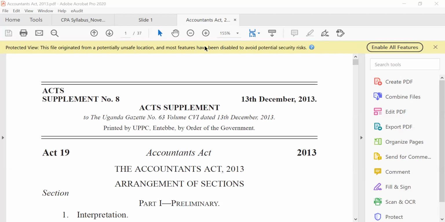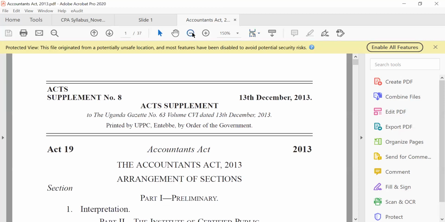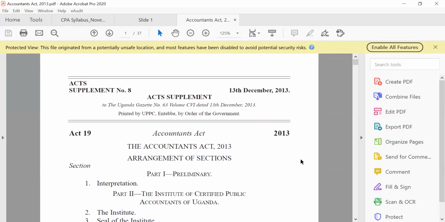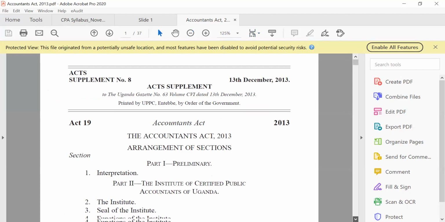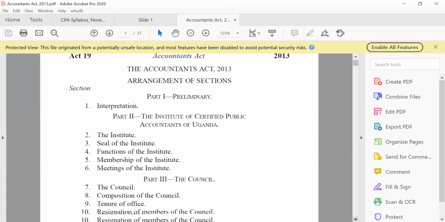So the reason why we introduce this at this level is for you to understand that there is what governs your operation. And this is the same act that gives the Institute of Certified Public Accountants the mandate to perform its duties, okay?